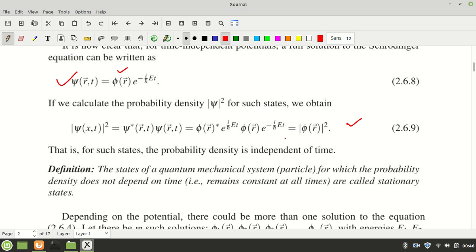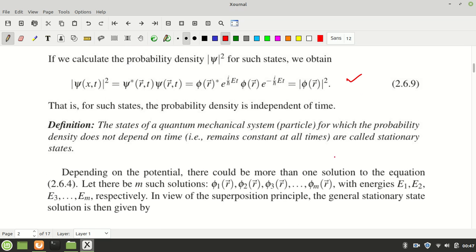Irrespective of time, the probability density will only depend on the position of the particle. So this kind of solution, psi, is called the stationary state solution.